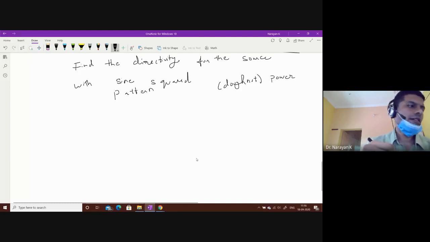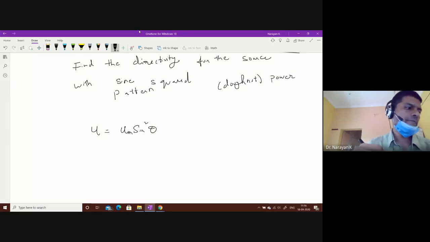What is your sine squared? Just write sine square theta, as simple as that. We write the radiation intensity U is equal to U max sine square theta.